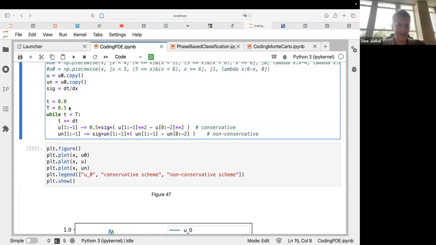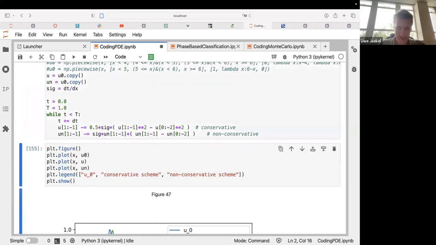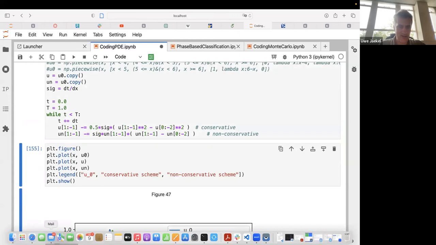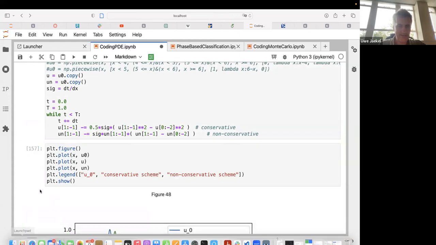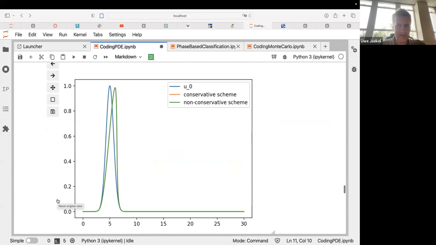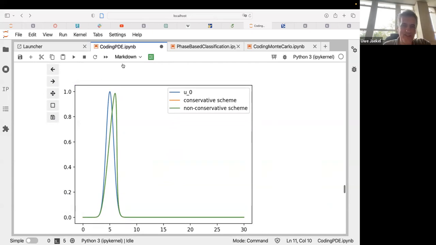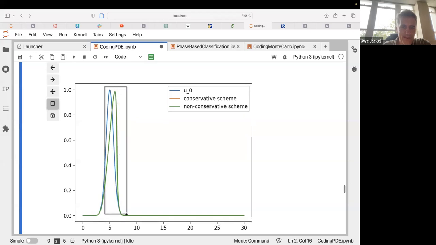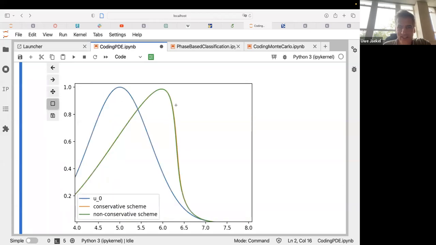Yeah, let's proceed. Now, time is flying. Let's go to t equals 1. And still, yeah, the effect is getting more pronounced. You see, it's getting steeper.